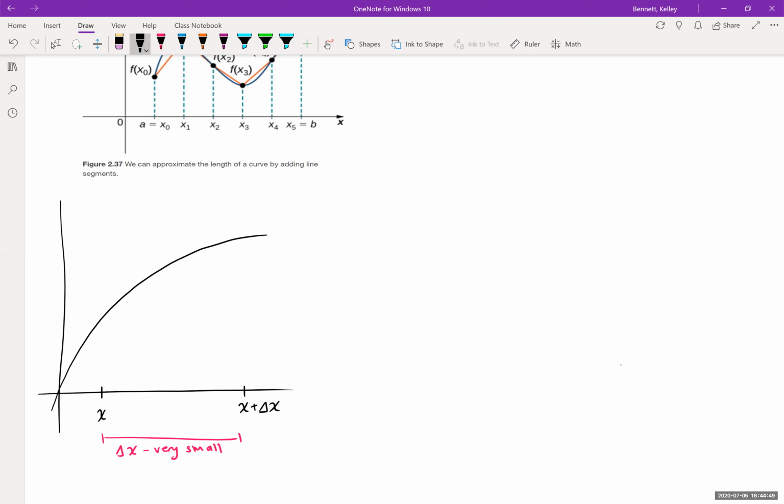Then what I would have is the function at these two heights, given as f of x, and I wish I had scooched this thing over before.